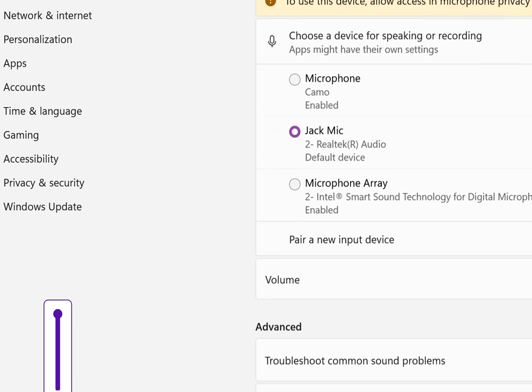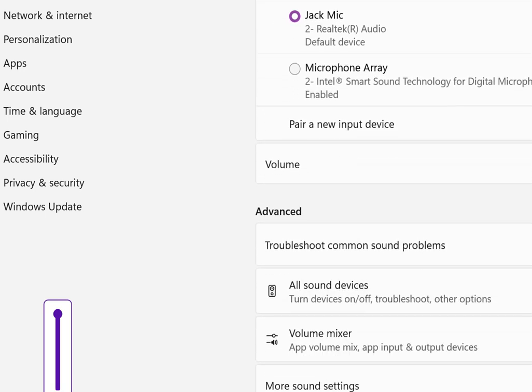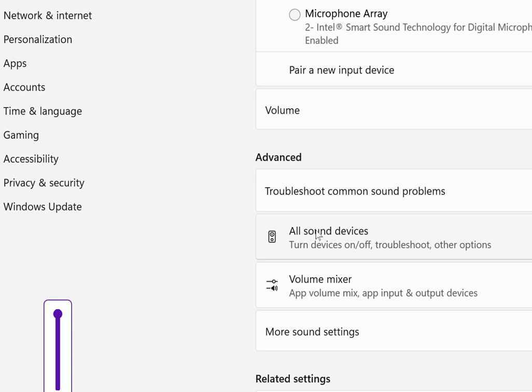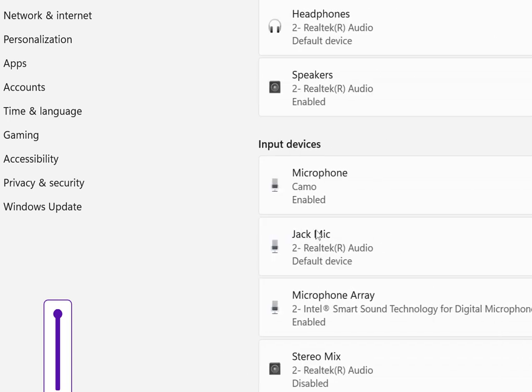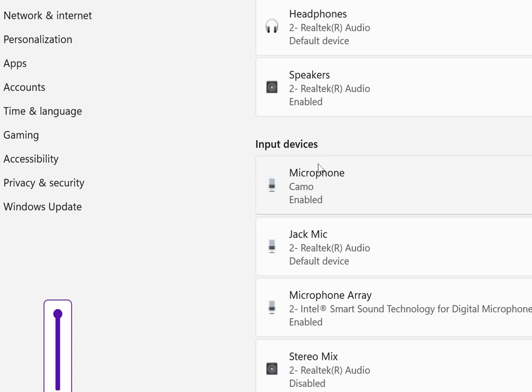It should be recording. I don't know why it is not recording. All sound devices. Sir, I think it's recording. It is recording, is it?